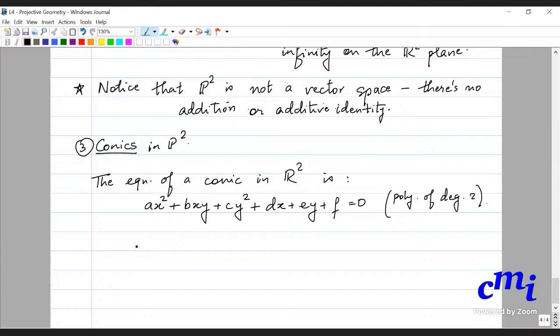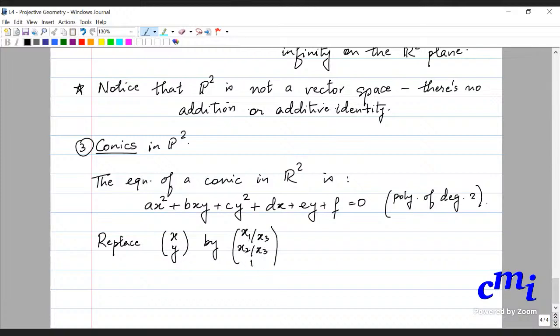Now what we are going to do is try and replace. So (x, y) is the inhomogeneous coordinate, and I'm going to replace it by the homogeneous coordinate. Instead of (x, y), let's put (x1/x3, x2/x3, 1).